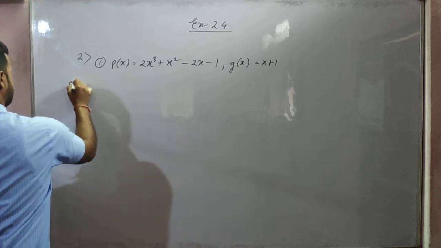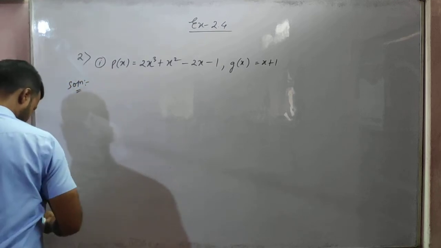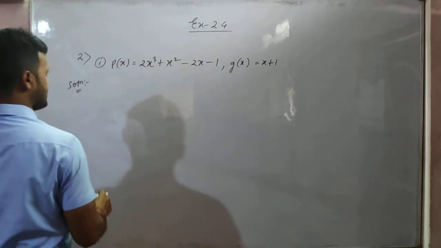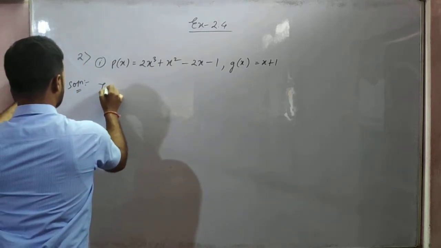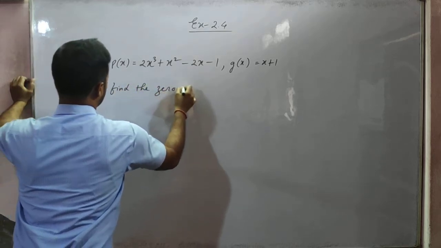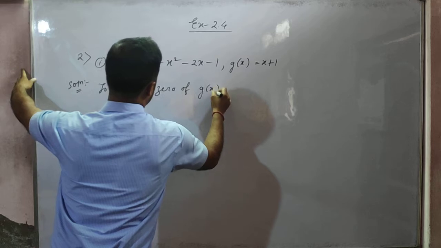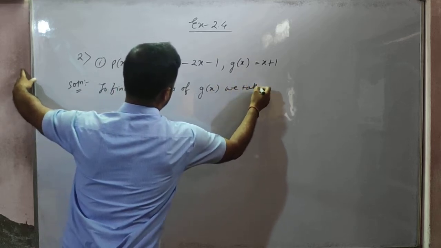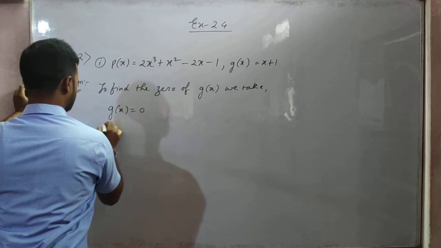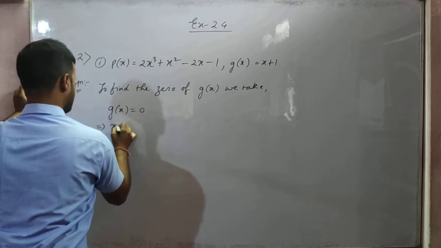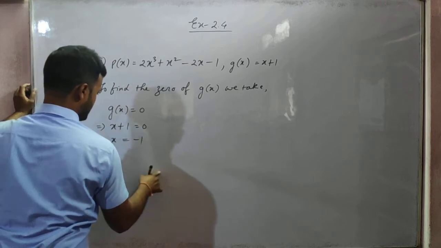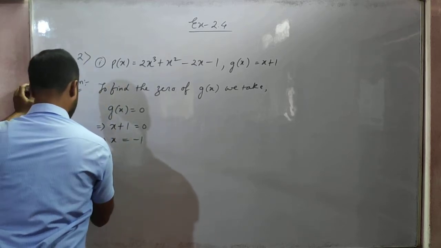So students, to find the 0 of g(x), we take g(x) is equal to 0, isn't it? g(x) is equal to 0, that means x plus 1 is equal to 0, so x is equal to minus 1, isn't it?